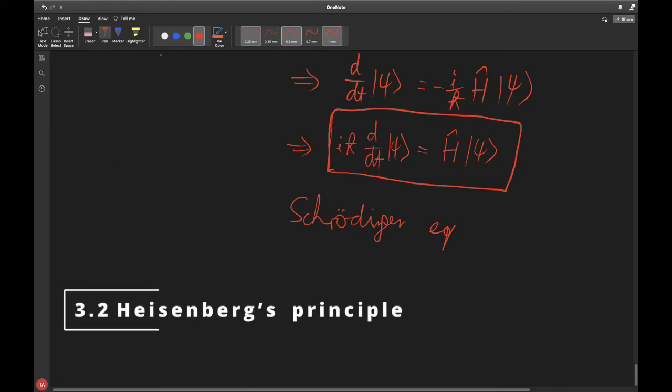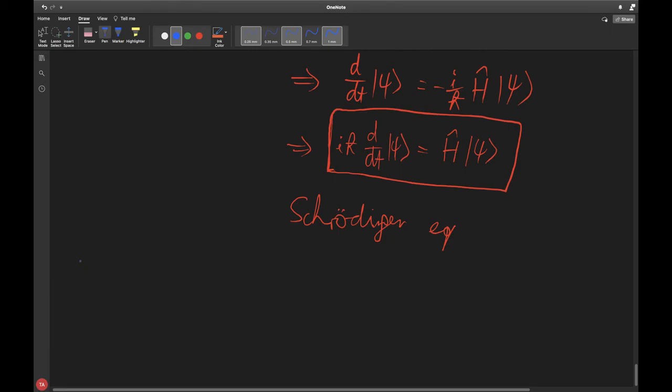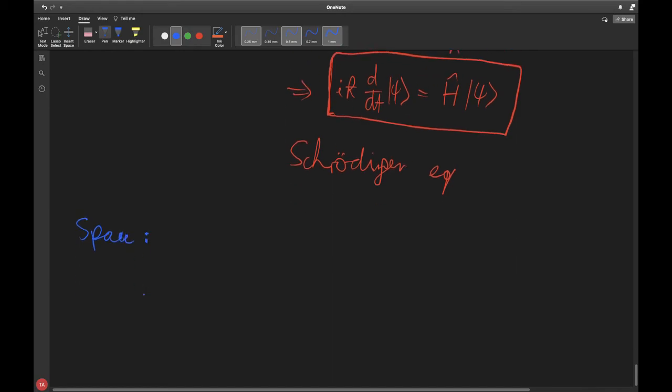So now that we discussed the time changes, let's describe a bit how the space changes. So about the space, let's just start doing all this with a one-dimensional case. So we have a 1D case, x, and then later we will generalize it to 3D.